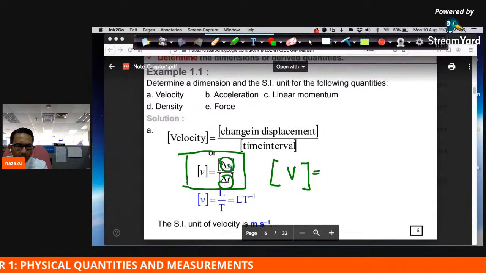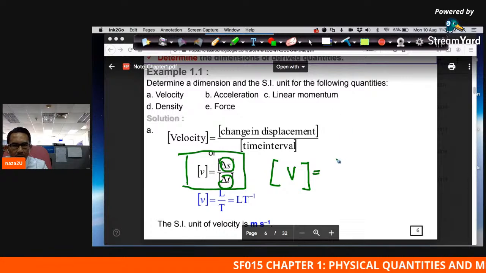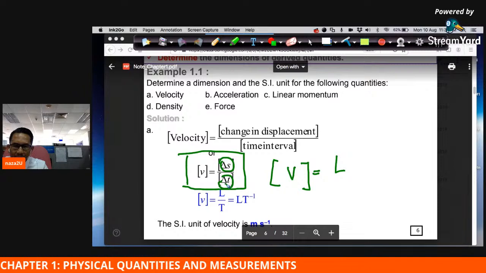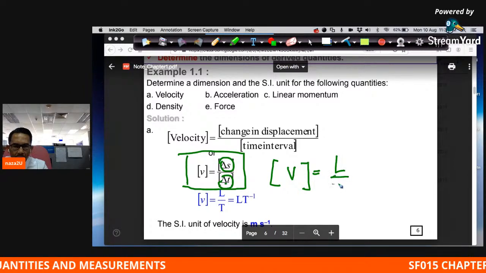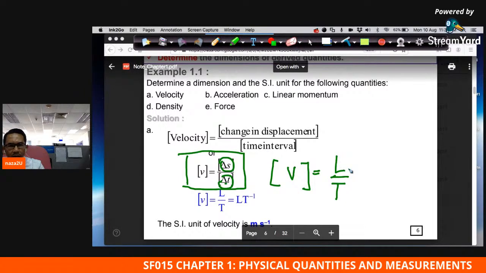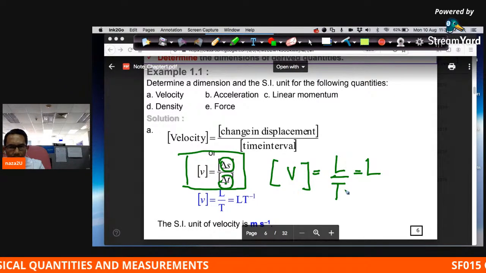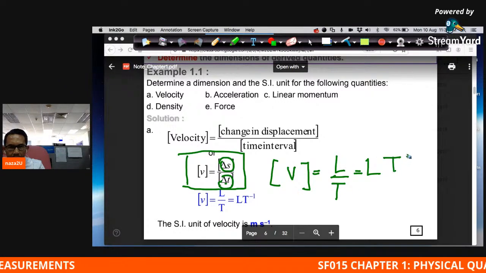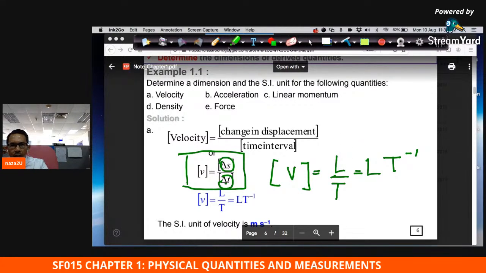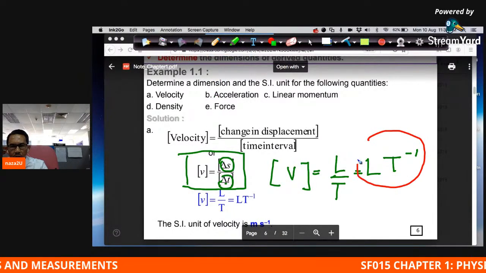So what is the dimension for the length that we discussed earlier? L. The dimension for time is T, so divided by T. So the dimension of the velocity is LT minus 1. So this is the dimension of the velocity.